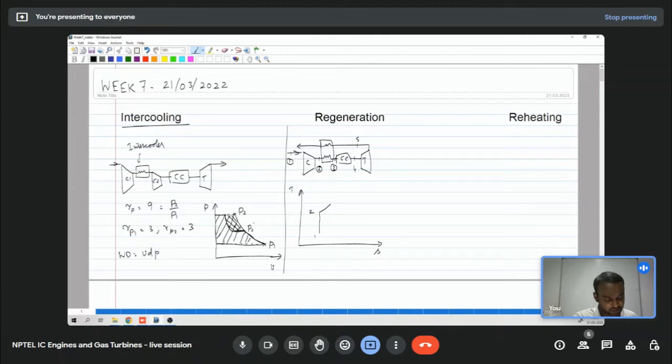On the TS plot it is a curve, and then we reach 3, and then this is 4. So the initial heating is done by the regenerating heat exchanger. And then the other processes are the same.